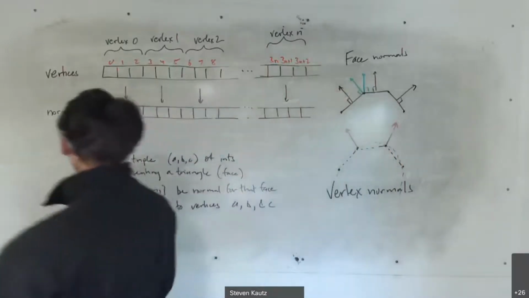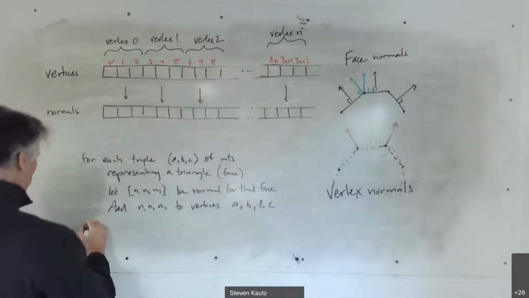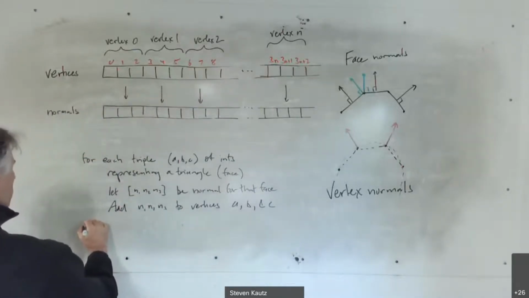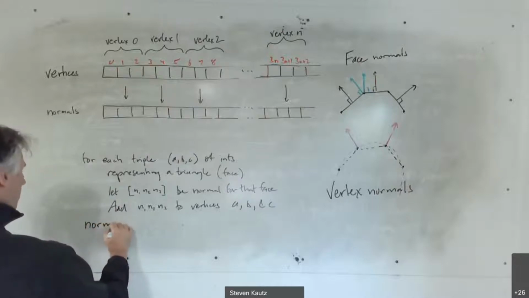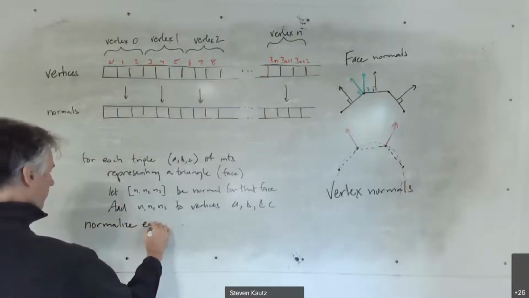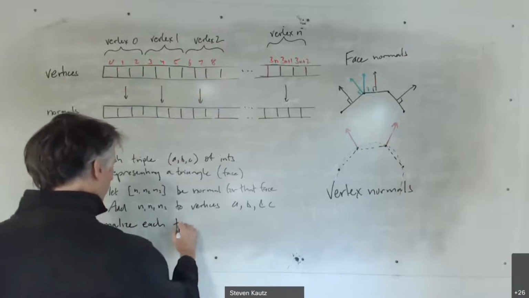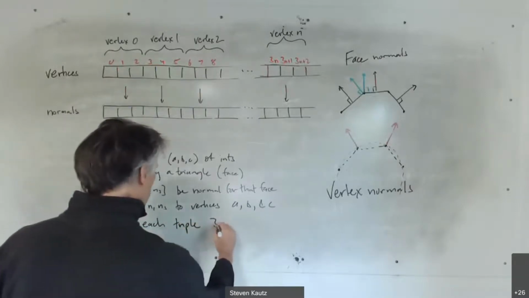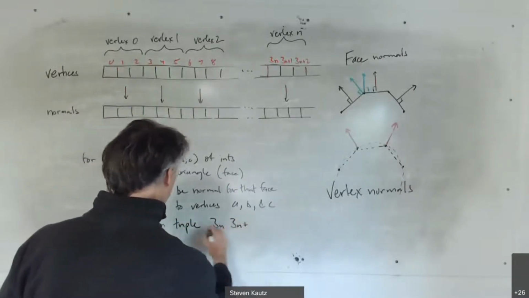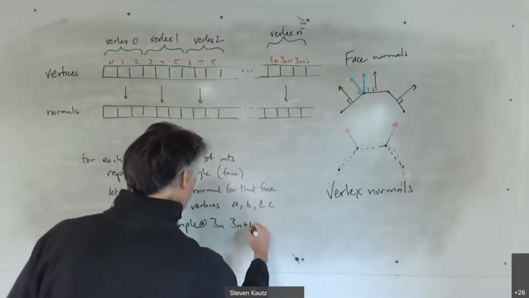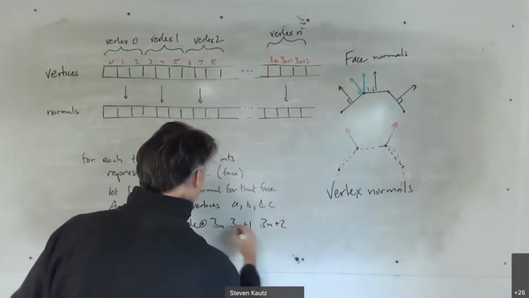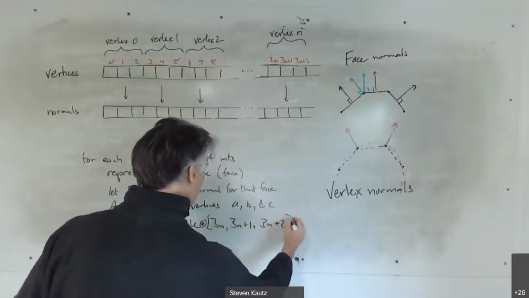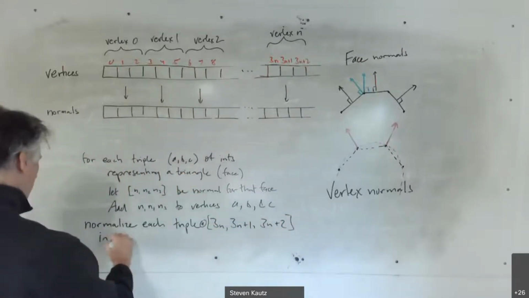So then when you're all done with this loop, what you do is you just go through and normalize each triple 3n plus 1, and 3n plus 2 in the normals array.